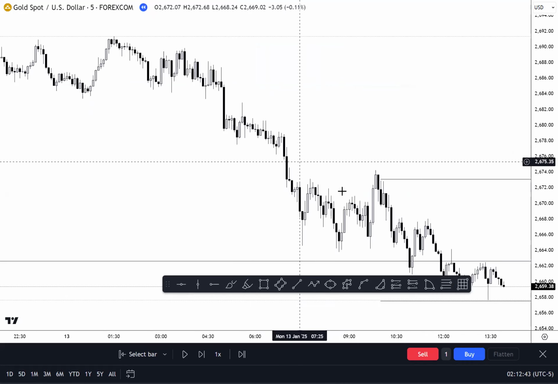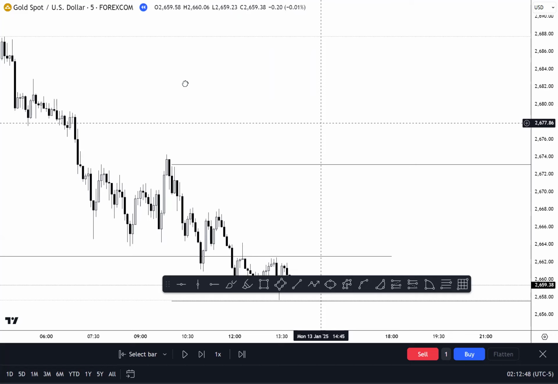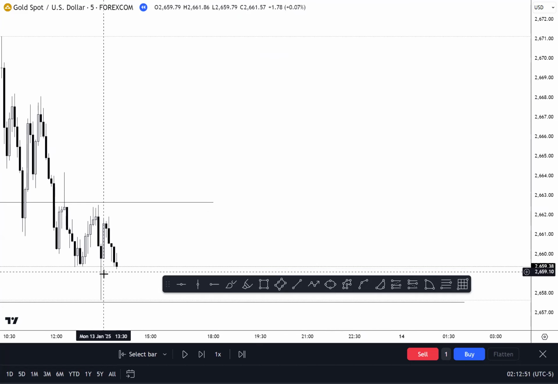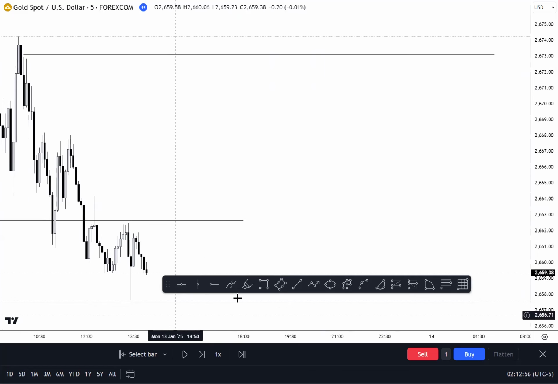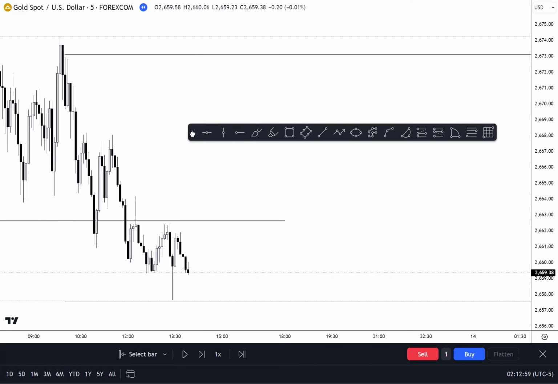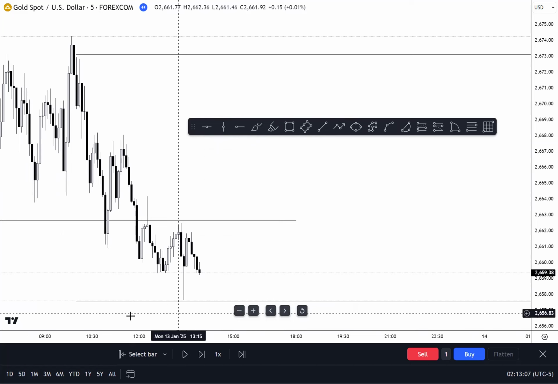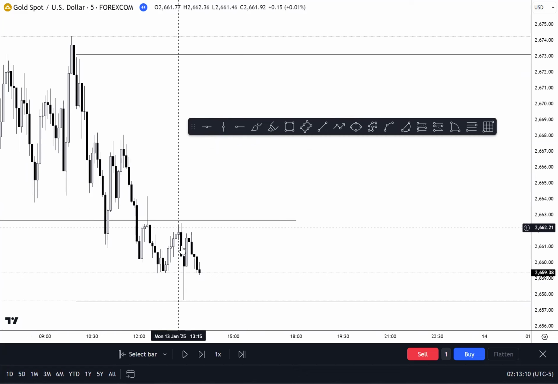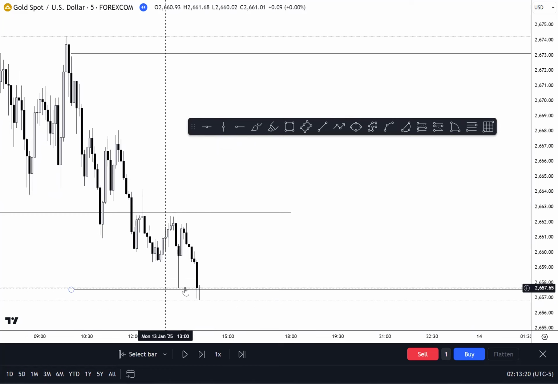All right, so this is our 5-minute time frame. This is the high of that H4 candle, and this is the low of that same H4 candle. Now what we are looking for is a whole body, a 5-minute candle full body close below, to purge the low of the H4 candle. So let's see what happens. You can see this candle purged the low, and the next one closes.